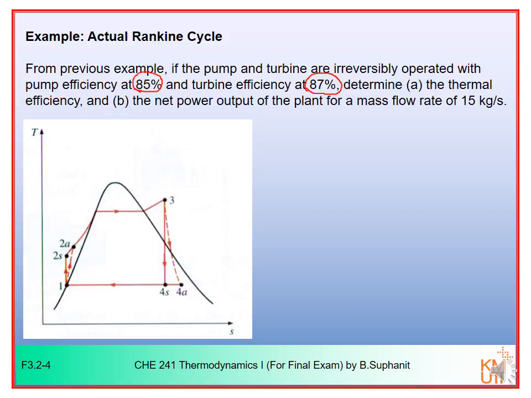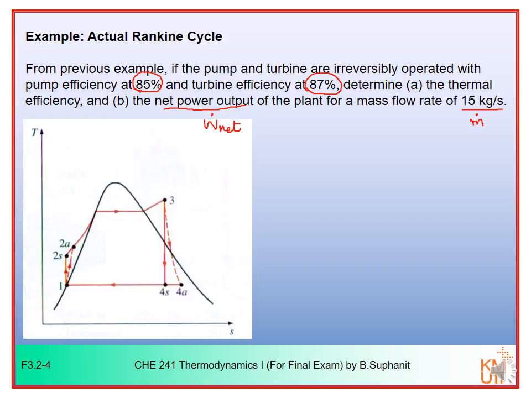We want to determine the thermal efficiency of this actual cycle, and we also want to determine the net work output, net power output here, if the mass flow rate in the cycle is 15 kilograms per second. This is m dot.